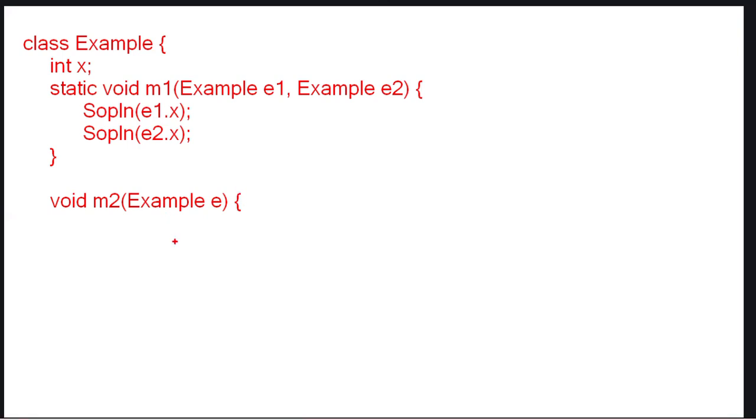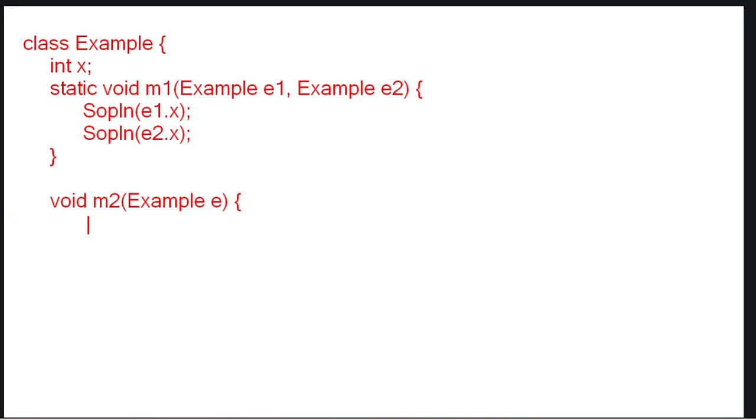Tell me. Next, write what is the answer? What is the question I gave? How can we pass two objects of the example class to a non-static method of the example class?